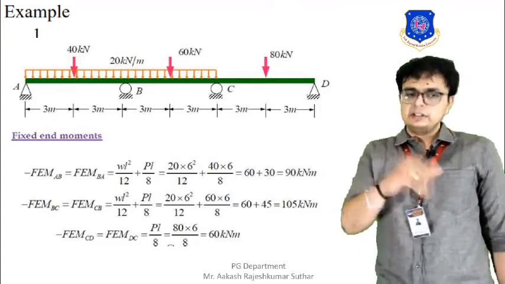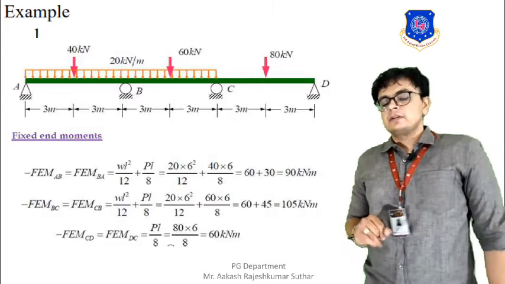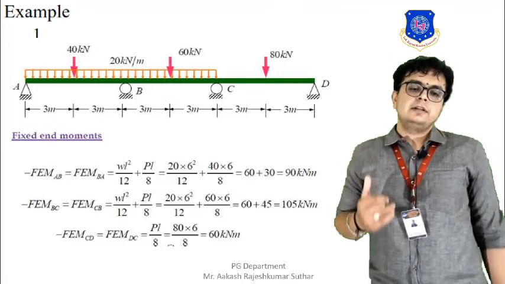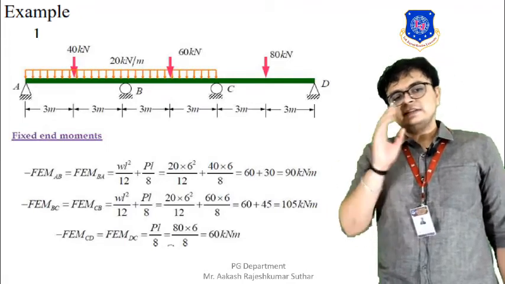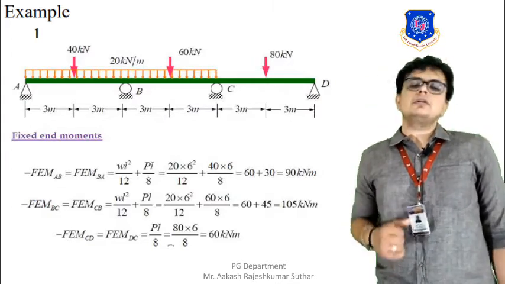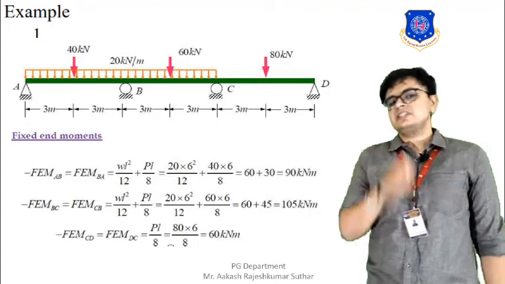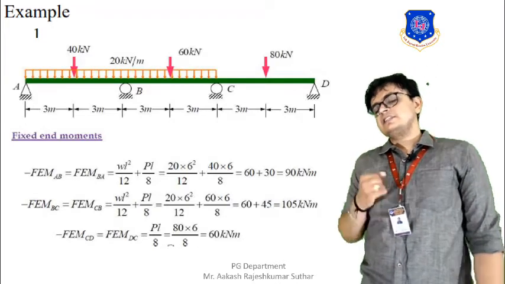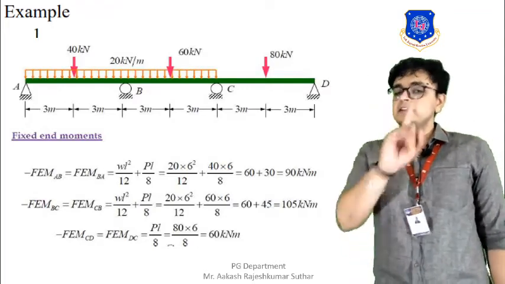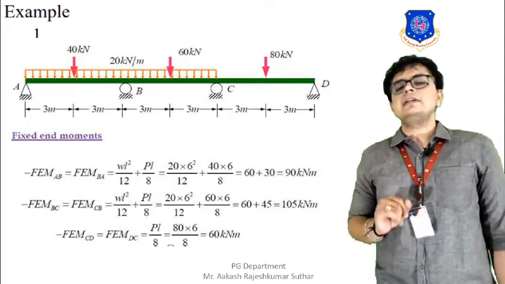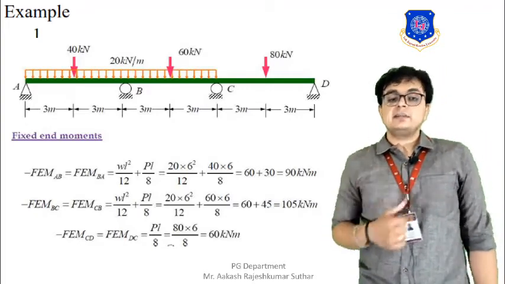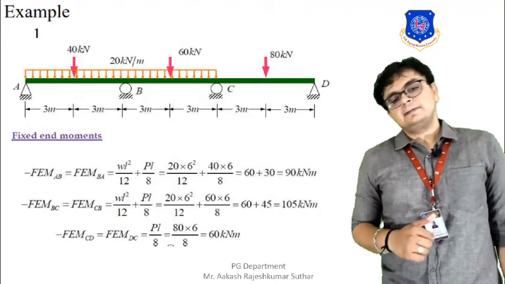So here we can say that the fixed end moment at AB will be equal to the fixed end moment at BA, because in AB there is a concentrated load at the center and a uniformly distributed load. So there is quite a symmetry in the section. So fixed end moment at AB will be equal to fixed end moment at BA. The only difference is that in fixed end moment AB we will have the negative sign, while fixed end moment at BA will have the positive.